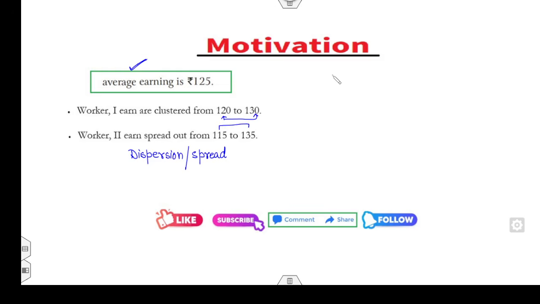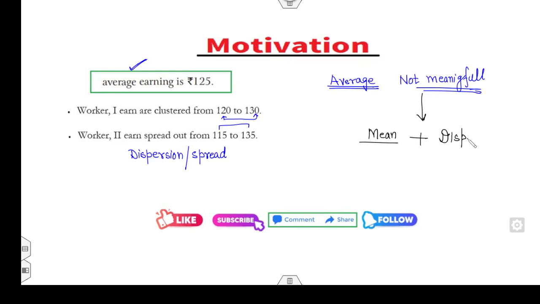So whenever you make a decision only based on the average, the decision is not meaningful. In order to make the decision realistic, we can first take the mean, which is the central tendency, plus we can compute some dispersion, so that we can make a better decision as compared to the single average earning.